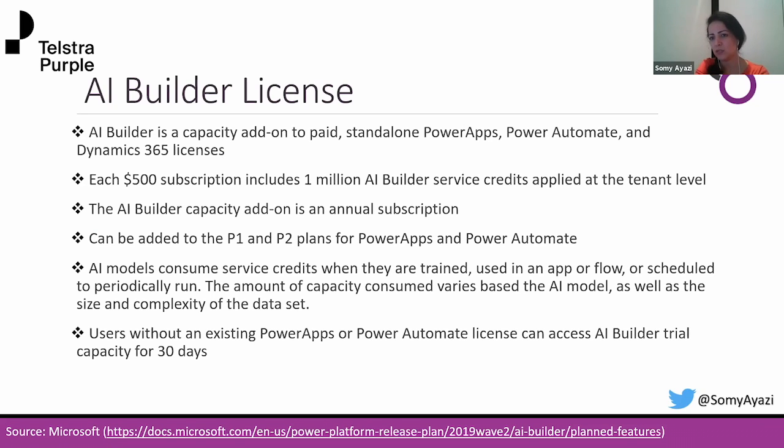Each user will get a 30-day trial, and it's an add-on to your PowerApps and Power Automate license. There's a $500 subscription, which includes 1 million AI Builder service credits. I believe JK has more recent information regarding the licensing and pricing, so if you're interested, I will pass it on to JK later after the session, and you can ask that question if you need to.